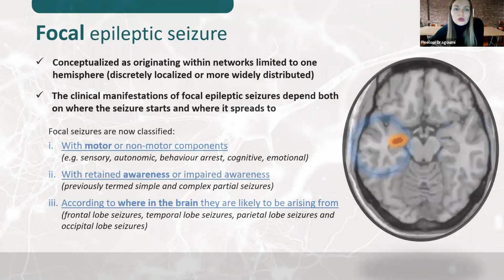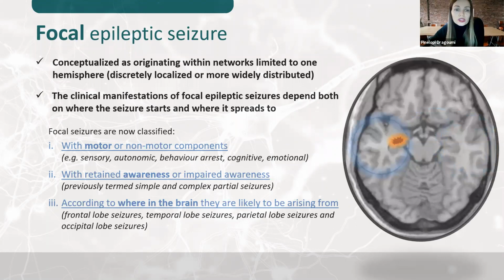We have motor or non-motor focal seizures. We have focal seizures with just autonomic features, or just behavioral, or even cognitive, or even emotional. And we have focal seizures, which is an important distinction to make, with retained awareness or impaired awareness, previously termed simple or complex partial seizures.